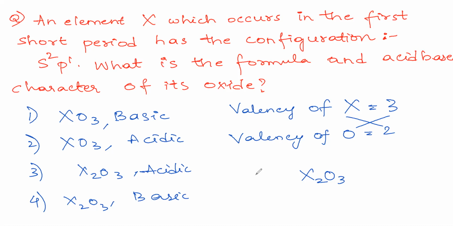The oxides of the 13th group are acidic in nature because they are less metallic. Metallic oxides are basic and non-metallic oxides are acidic. So the answer is X2O3, acidic in nature. Next question.